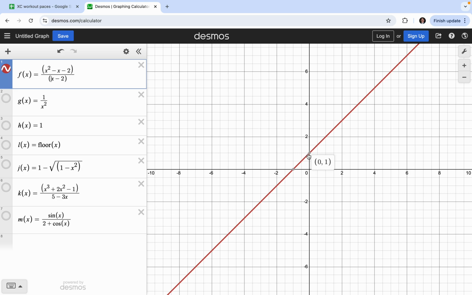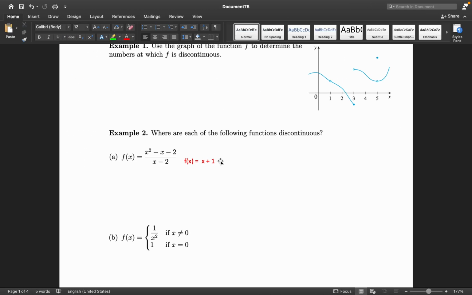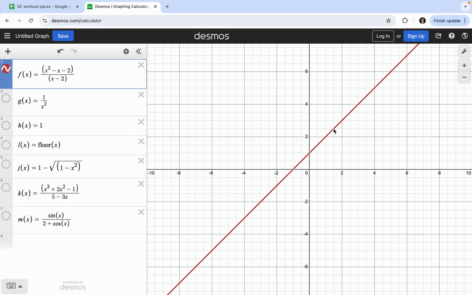But the problem is that as I approach 2, I have a hole. It's undefined at 2. So even though the limit as I approach 2 is the same, I'm approaching 3 from the left, I'm approaching 3 from the right, but I get undefined. I get a hole.